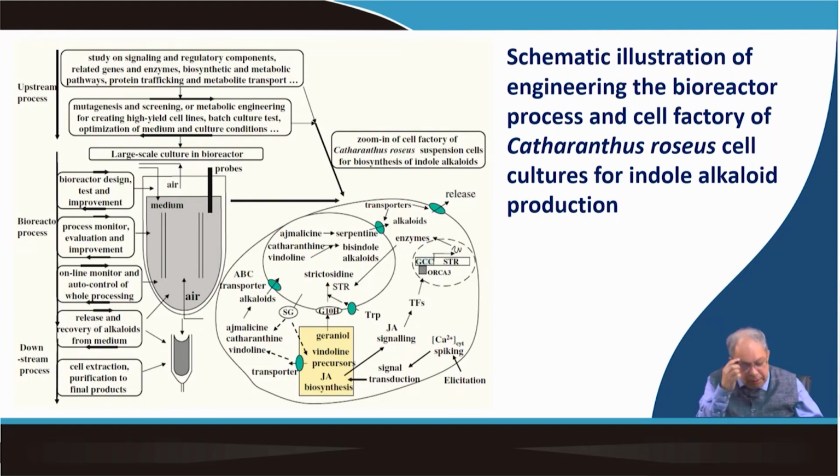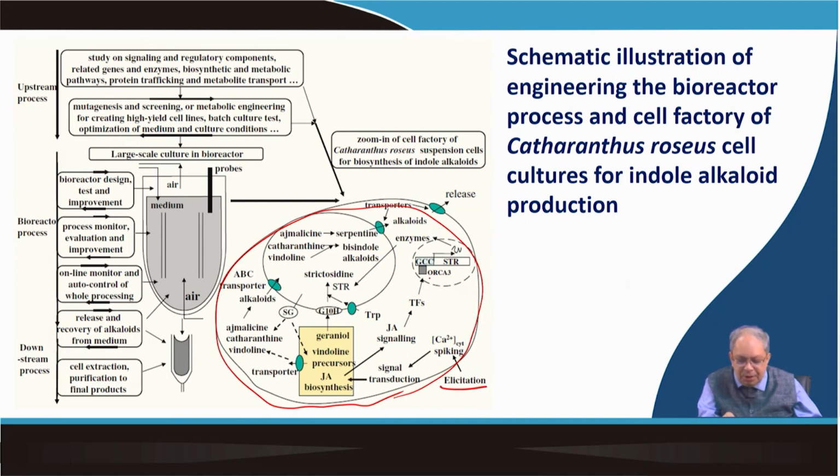Finally, the Netherlands group also explored the possibility of producing these alkaloids in bioreactors. They have given a schematic diagram of how the work is to be undertaken. The fundamental study is this one which we have covered, where elicitation is important.